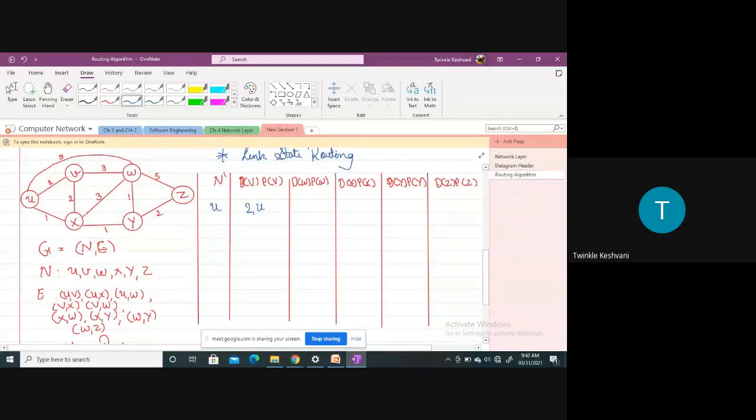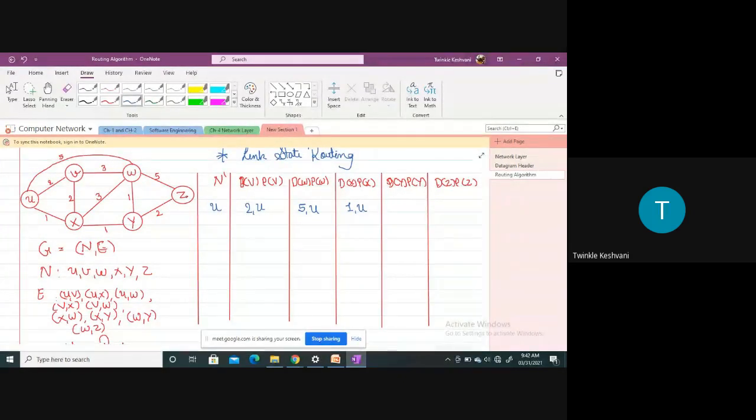Now W is also directly connected, right? So the cost to travel from U to W is 5. The 5 is already given as the cost, so 5 and the predecessor node is U. X is directly connected with U, the cost for that is 1, and the predecessor node is U. Y and Z are not yet directly connected with U, right?